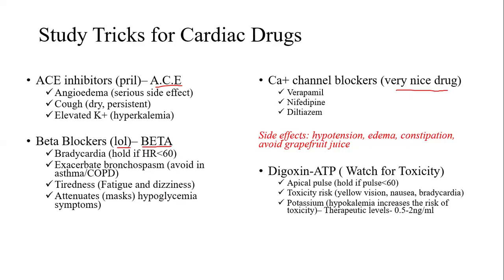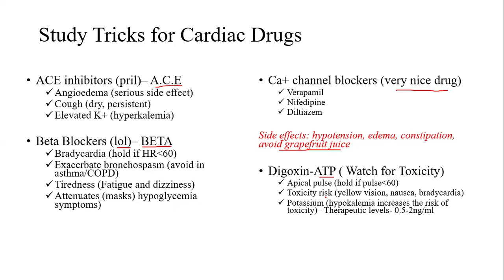So for calcium channel blockers, the side effects are hypotension, edema, constipation, and then again we need to avoid grapefruit juice. Okay. And then with digoxin, the other important thing we need to remember is ATP. Watch for toxicity. A is for apical pulse, hold if pulse is less than 60, and we need to watch for toxicity symptoms because its therapeutic index is very narrow.